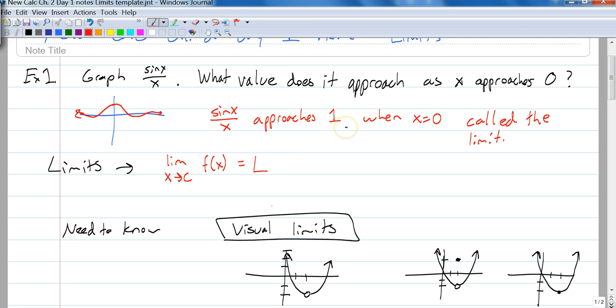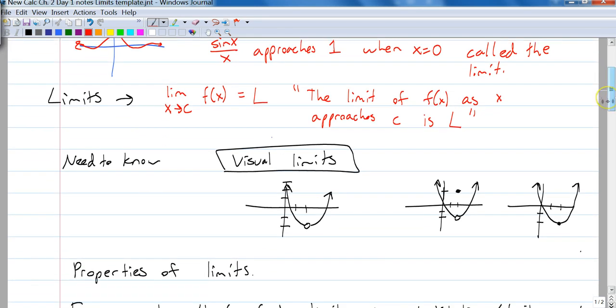And again, if you want to know the words for this, this is the limit of f of x as x approaches c, some value c, is L. Okay? So that's going to be our definition for what we're going to use, or how we would say that.